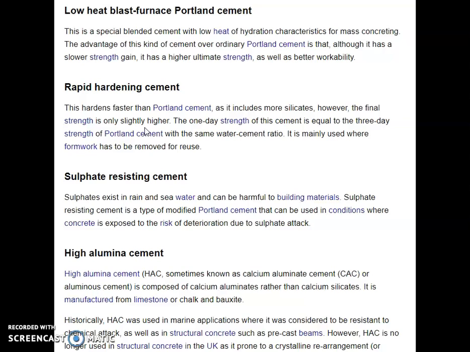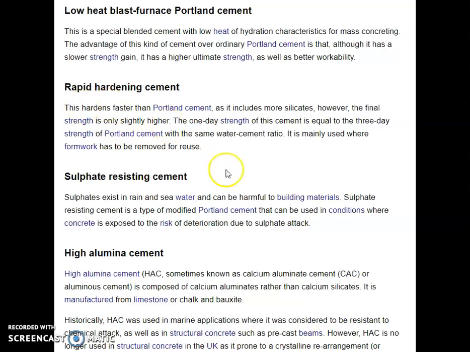Sulfate resistant cement is a type of modified Portland cement that can be used in conditions where concrete is exposed to risk of deterioration due to sulfate attack. So if your structure is somewhere near the industrial areas and all, it is essential that your structure is resistant to all the types of chemical attacks.